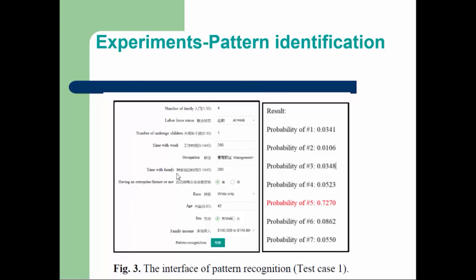We input number of family, labor force status, relaxing time, film time, etc. The right of the figures is the output interface of pattern recognition. Test case 1 is a typical working person, and test case 2 is a typical housewife.